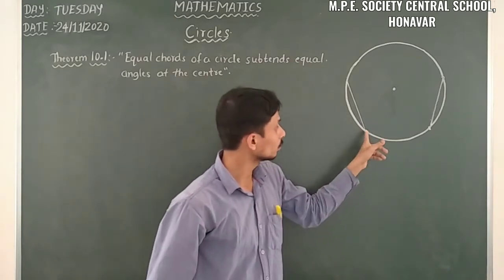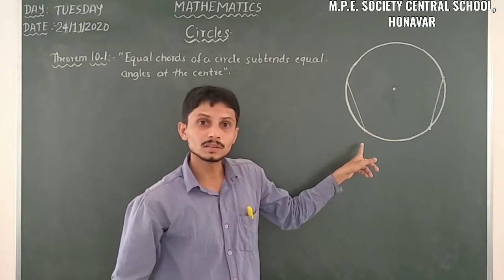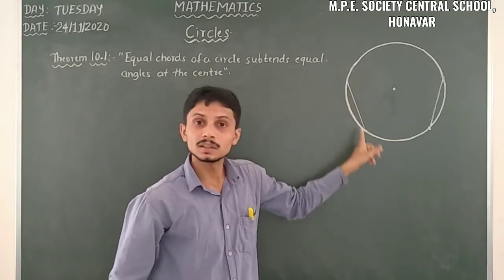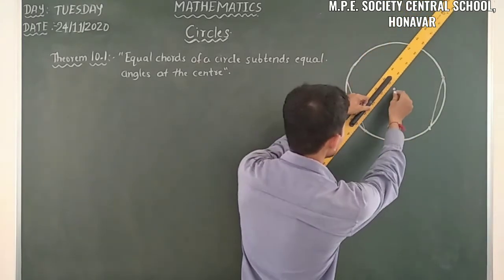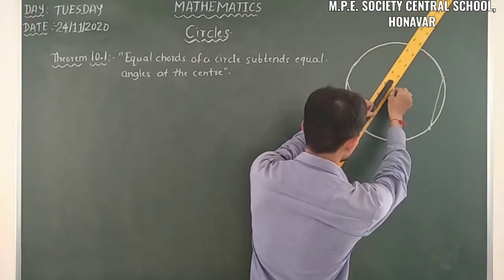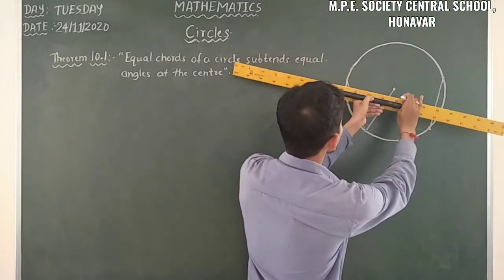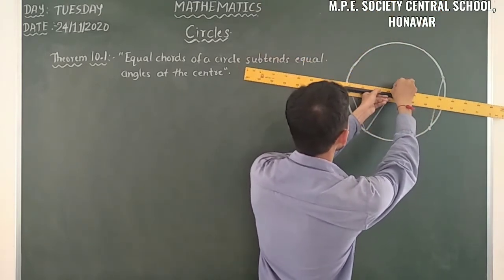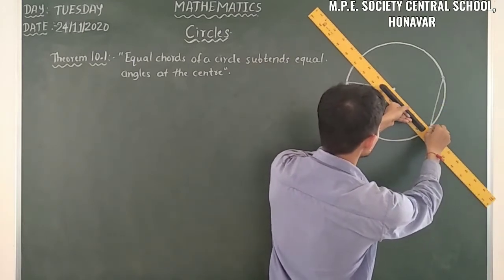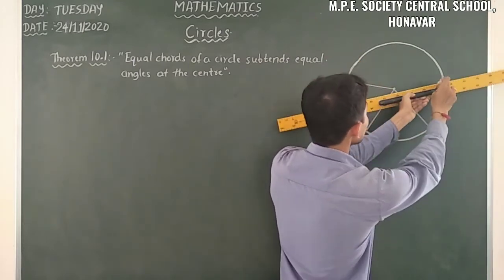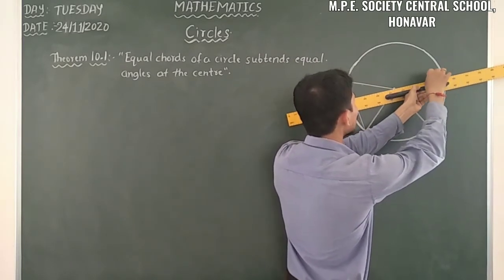Then we have to join the endpoints of the chords with the center. In both cases we have to do the same thing here. Here we have to draw, and here also we have to join.